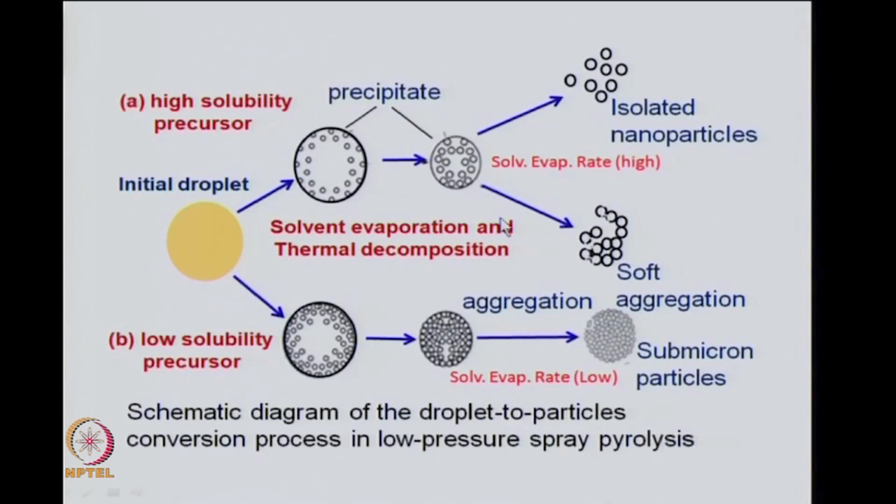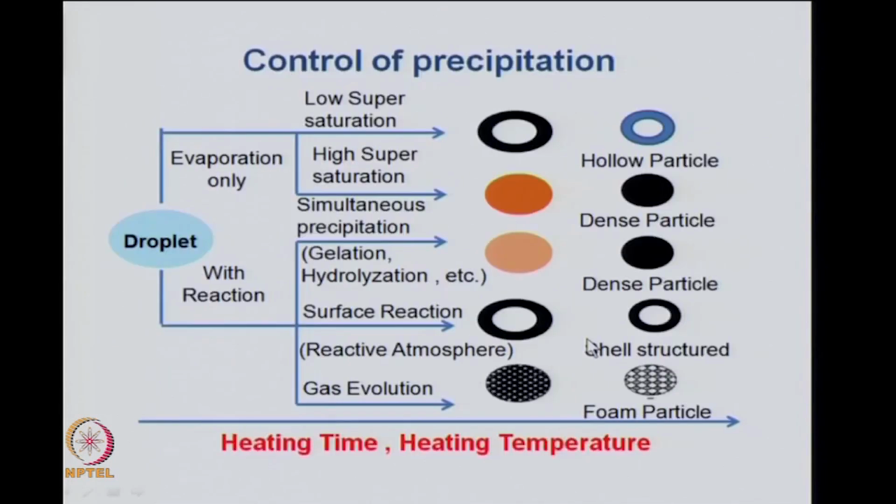In the previous case, you have high concentration, that means low solubility, and you get a dense particle. The same thing is being shown here. If you have high supersaturation, you end up with a particle which then on sintering gives you a dense particle. So, this is using the evaporation only, no reaction.